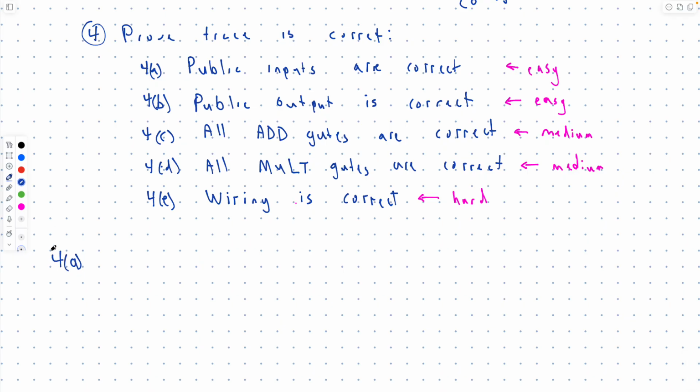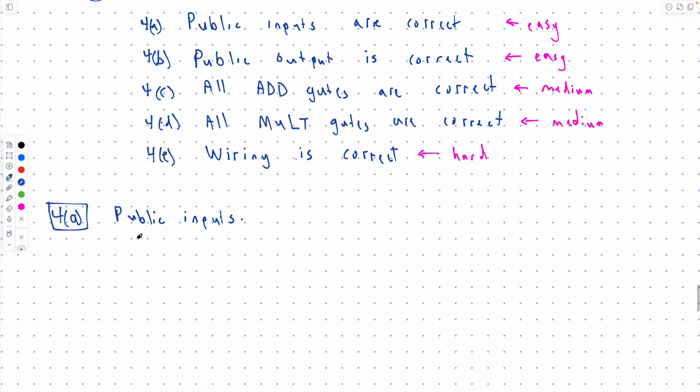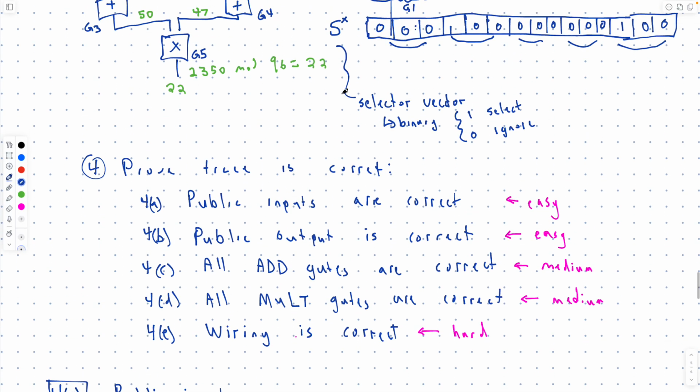So we'll start with 4A, public inputs. And I want to summarize what the verifier knows. Okay, and it's probably about time that we label this.